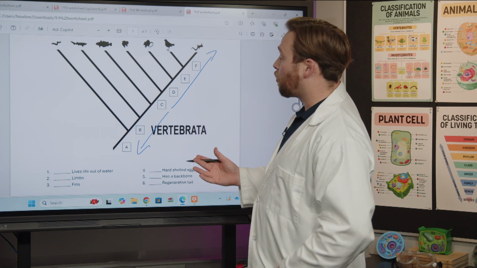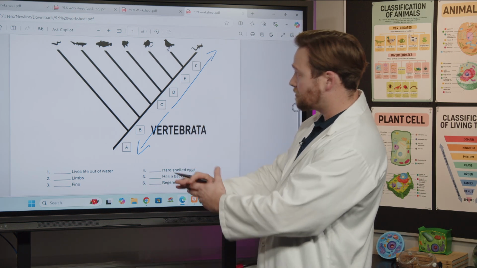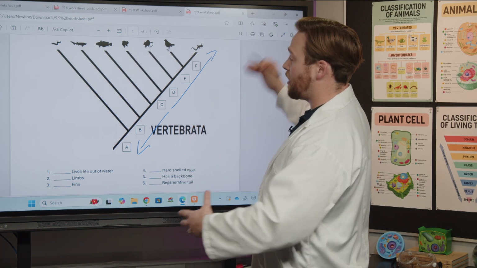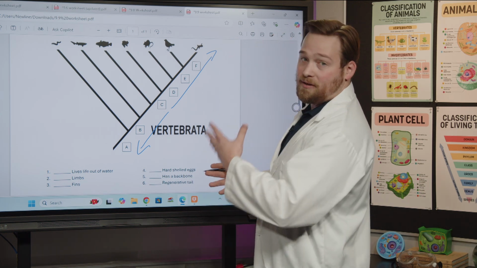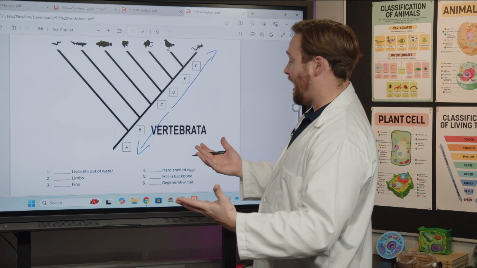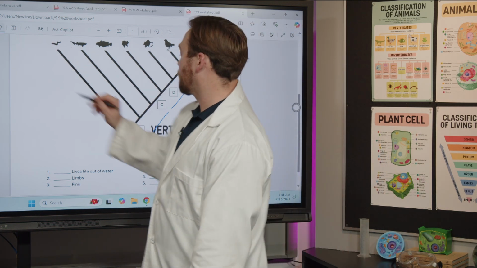So that's kind of how it works. We're trying to find these different characteristics, put them in the right spot. Everything on the right of that letter would have that trait, and everything on the left of that letter would not have that trait. So let's see if we can work through this.